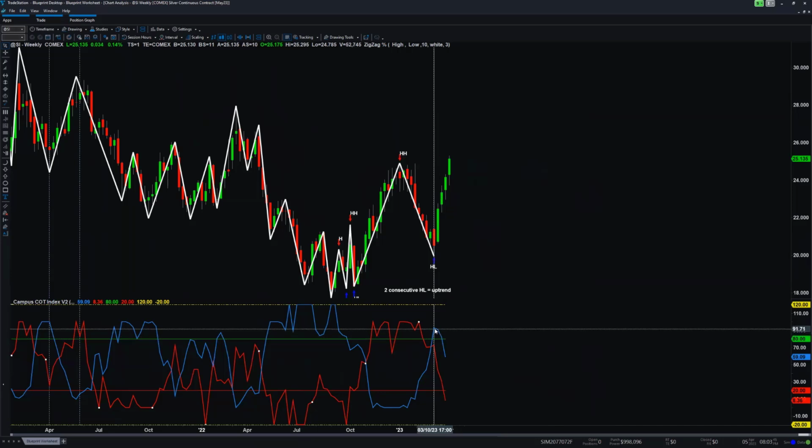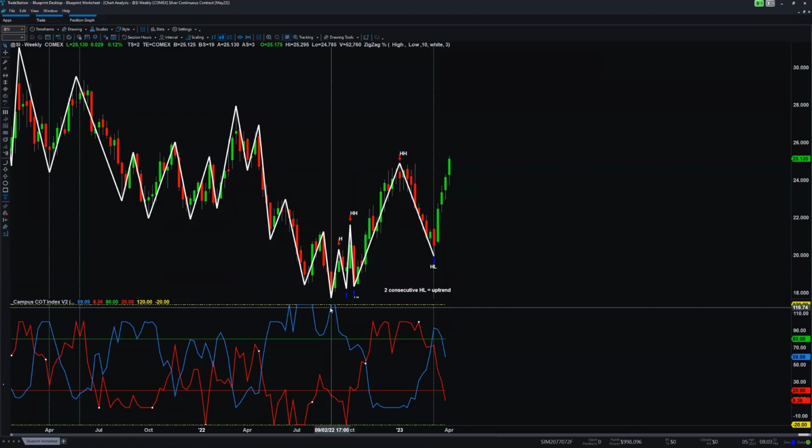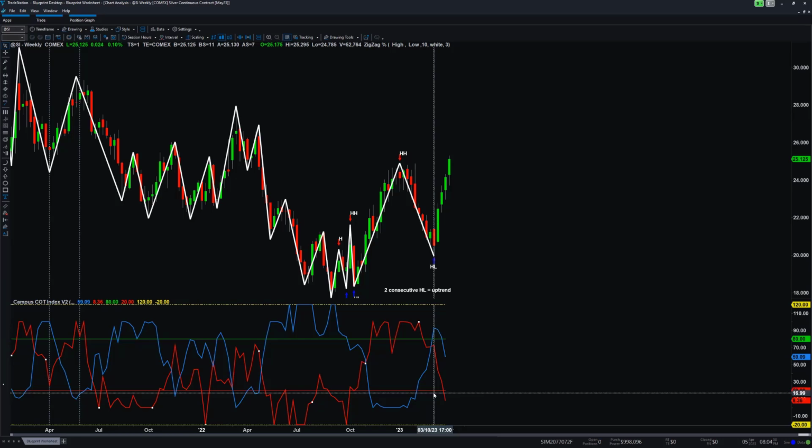And then a reading here doesn't get a lot better than this. Post this extreme, here's an example where you're here and the commercials are buying, but the retailers are not on the other side. It doesn't mean that you don't have to take the trade, right? Again, the retailers are not always wrong.